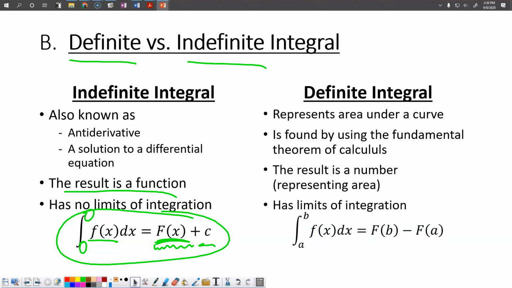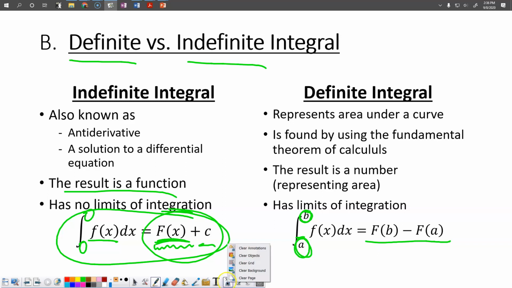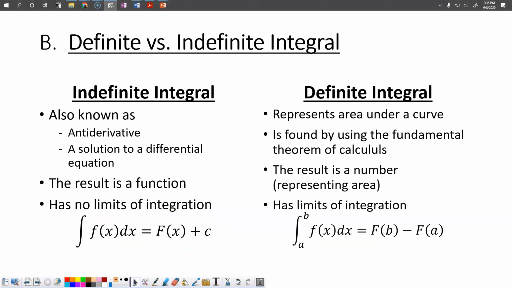So you'll have these little numbers right here. So this is the difference between an indefinite integral and a definite integral. An indefinite integral just gives you an antiderivative, which is a function. A definite integral has these little numbers here, and you evaluate it using the fundamental theorem of calculus, and it tells you the area under the curve. So do you understand the difference there between indefinite and definite integrals?